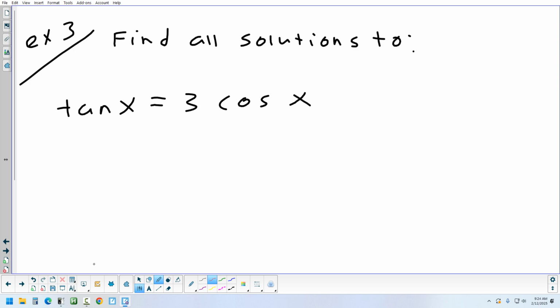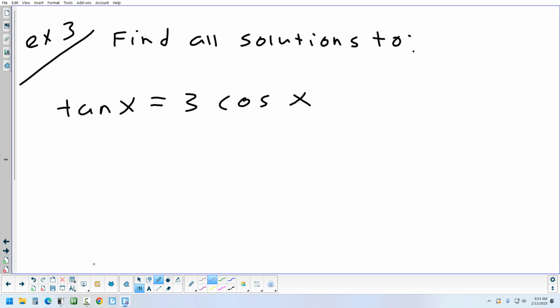So if we were going to solve this algebraically, then yes, we would want to turn this into sine over cosine, and then I think it would actually end up being a quadratic type equation. In this section, we're not going to get into solving it algebraically, but we are going to do that eventually. I think that's in section 7.6. But for now, we're going to stick with graphing.